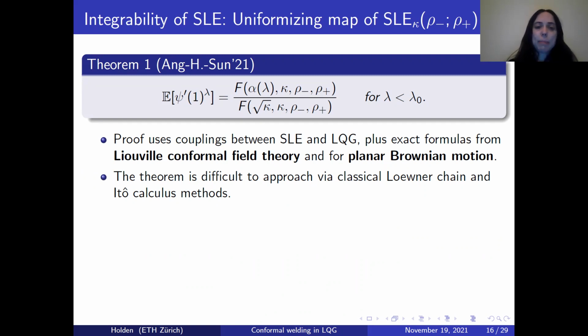This more classical method doesn't seem easy to apply in order to prove this moment formula. And it's interesting to see that we can get this result, which is purely about SLE, by using this coupling between SLE and LQG.